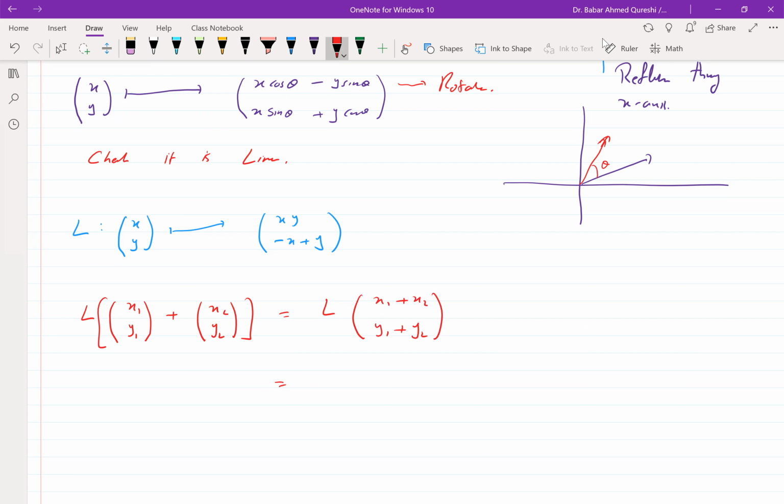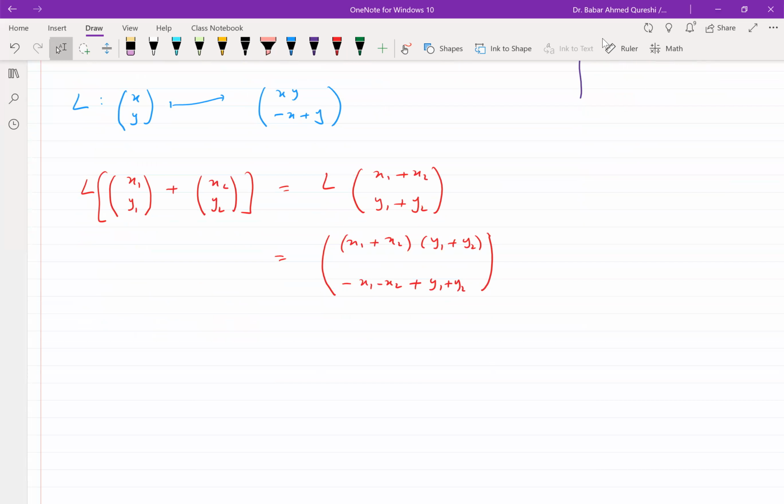So when I apply my rule, I get this product of the upper and the lower component, and then minus x1 minus x2 plus y1 plus y2. So this is equal to x1 y1 plus x2 y2 plus x1 y2 plus x2 y1.